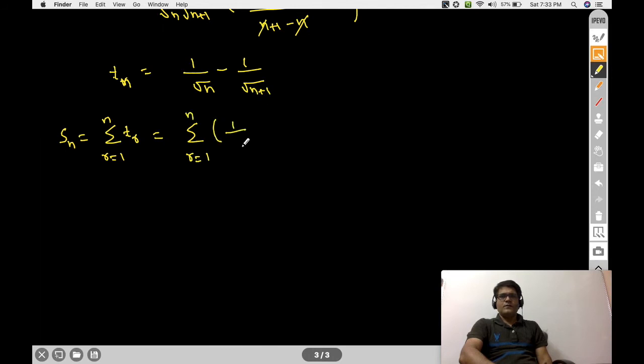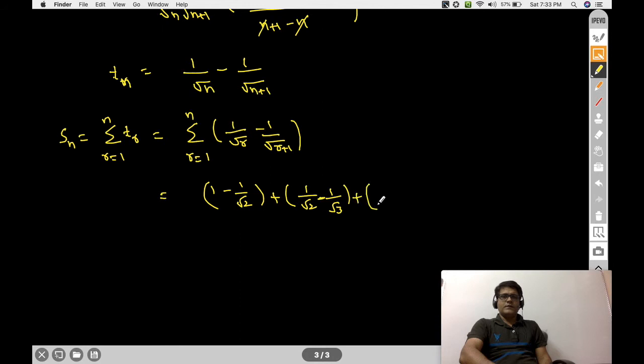What is tr? 1 by root r minus 1 by root r plus 1. Now open the bracket. For r equal to 1, that is 1 minus 1 by root 2, this is the first bracket. Next r equal to 2, that is 1 by root 2 minus 1 by root 3, the second bracket. Next r equal to 3, 1 by root 3 minus 1 by root 4, etc. up to the last one.